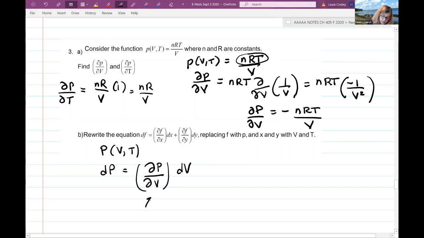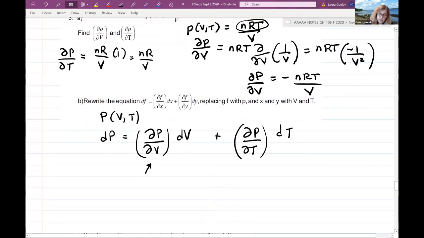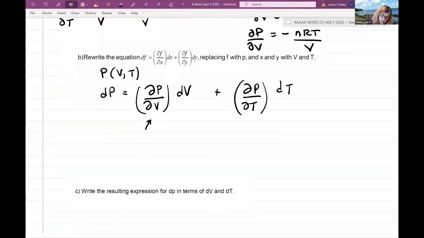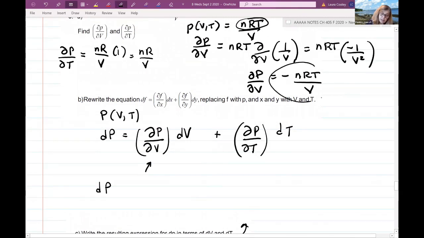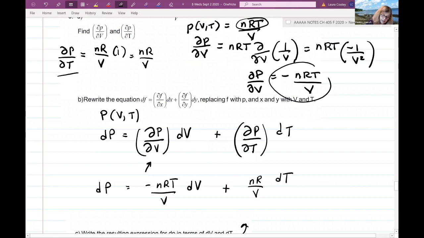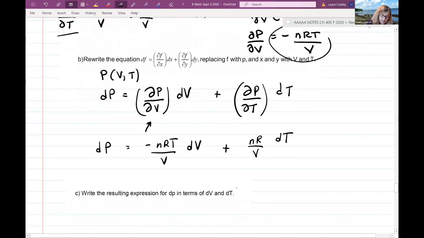So the slope in the V direction multiplied by the change in V, plus the slope in the T direction times the change in T. And then I can just plug in the dP dV and the dP dT, which is what's asked in C. It's a little silly here because I can calculate the pressure at any volume and temperature.